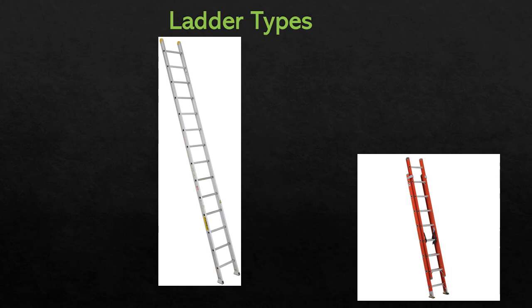What you also sometimes see are extension step ladders like this one, where it can shorten to a relatively compact length, or it can lengthen to almost double its shortened length. It's got little feet on it that help to lock the ladder in place so that it doesn't plop down when it's unfolded.